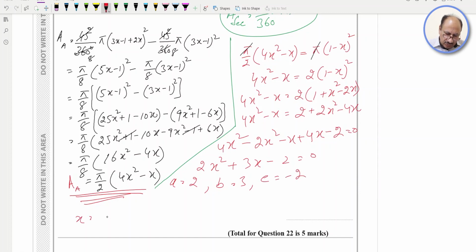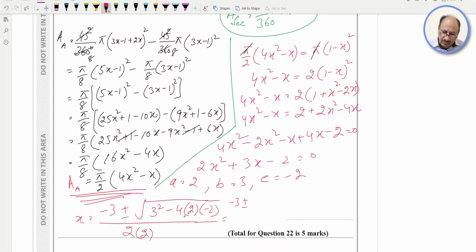So x is equal to minus b plus minus the square root of b squared minus 4ac, over 2a. 2 into a will be 2, and further we can rewrite it as minus 3 plus minus the square root of 9 plus 16, which is 25, so it will be 5 over 4.